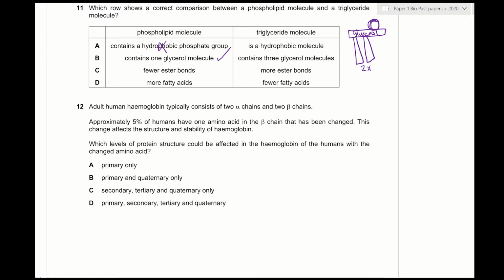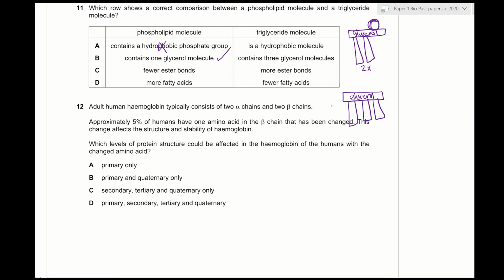C. Fewer ester bonds than triglycerides. As we all know, the structure of triglyceride is 1 glycerol and 3 fatty acids. And as we all know, the fatty acids are joined to the glycerol by an ester bond.